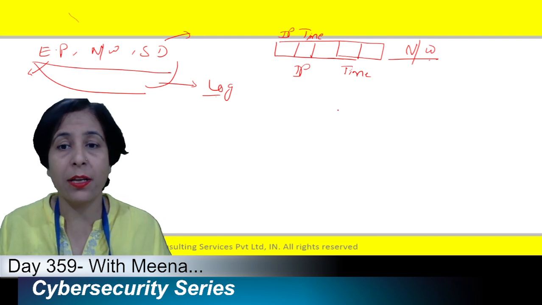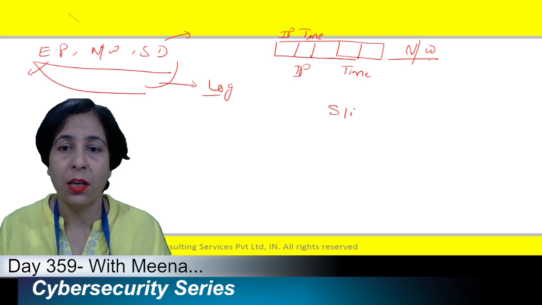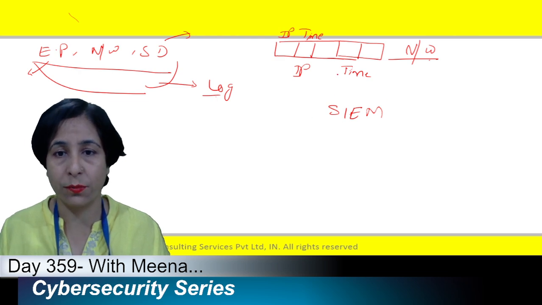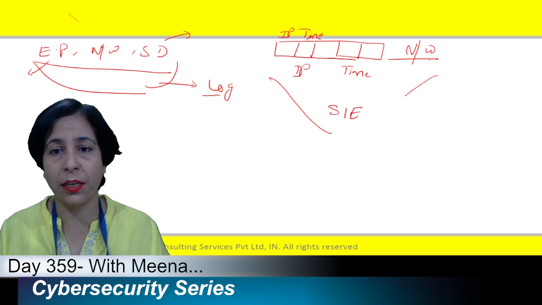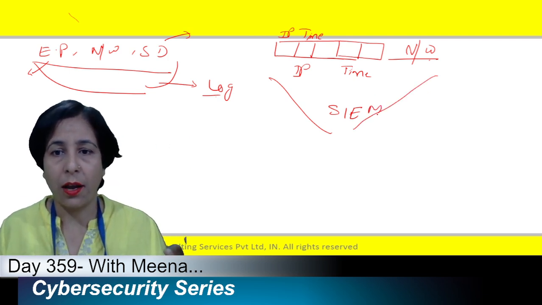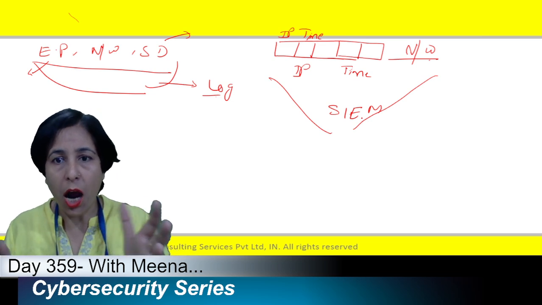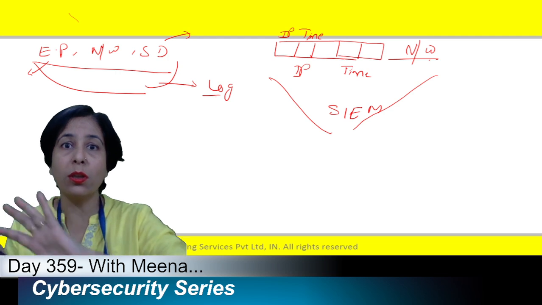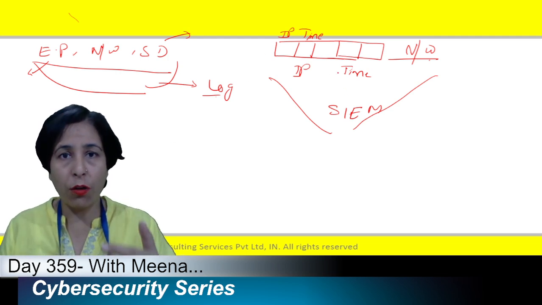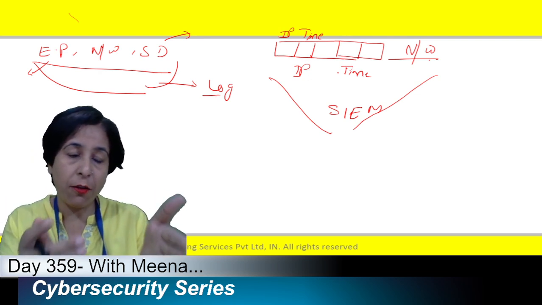So here, for example, your security information and event management is just collecting the logs from different sources, and now it is hard to make sense of all these logs. So the SIEM has to find a way.